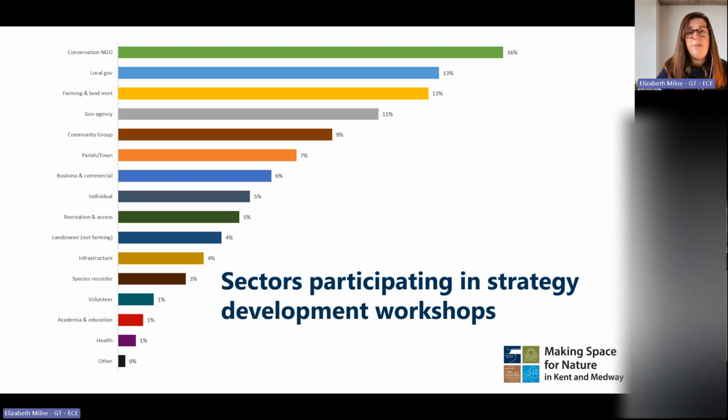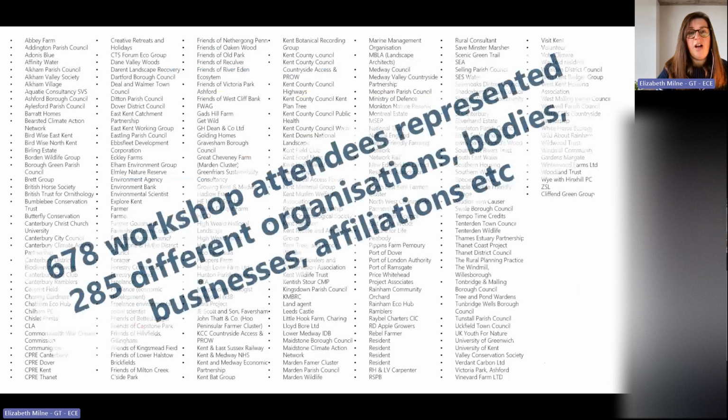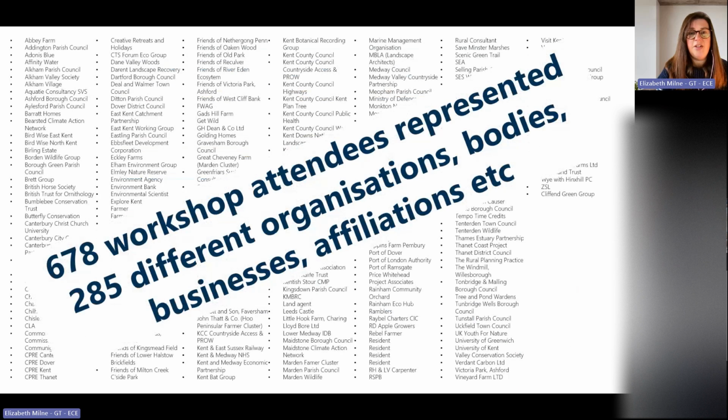We had people from across all sectors participating in the strategy development workshops. And I'm really pleased to say that farming and land management were in our top 3 of sectors represented. So really fabulous turnout from that group. And also it wasn't just sectors, but also just a huge range of different businesses, organisations and bodies represented from across.